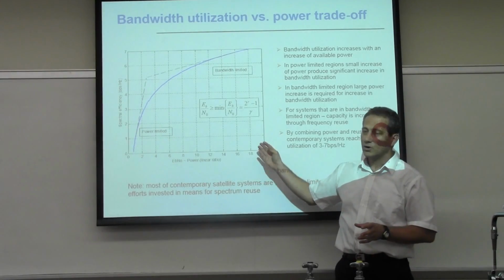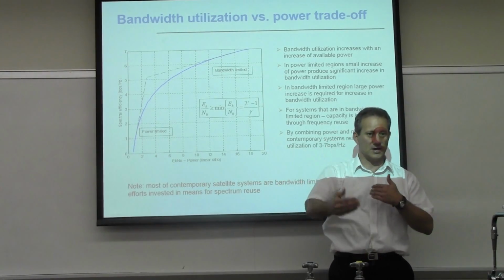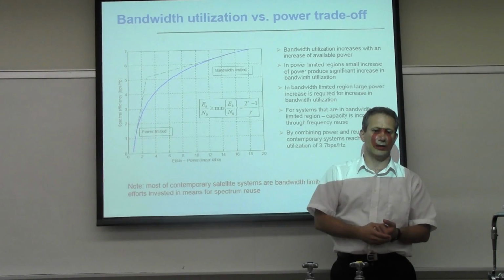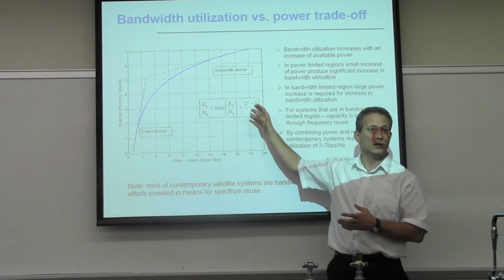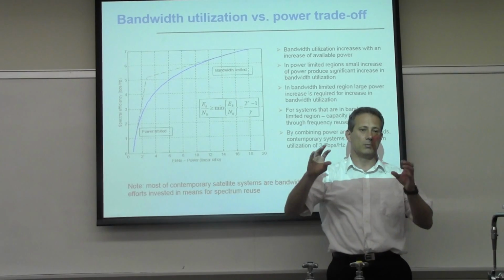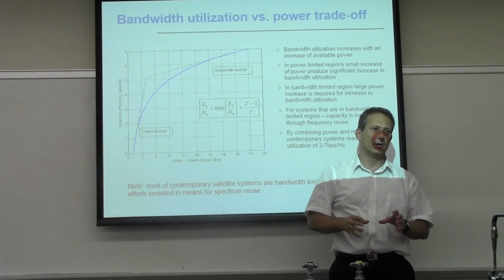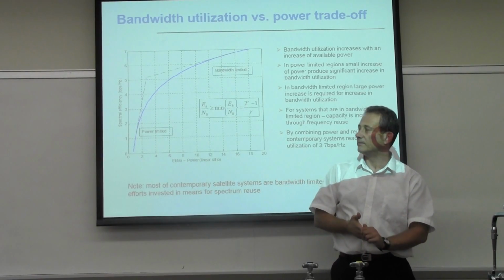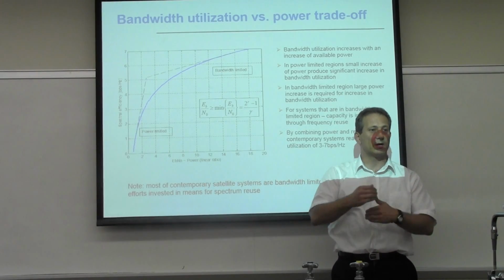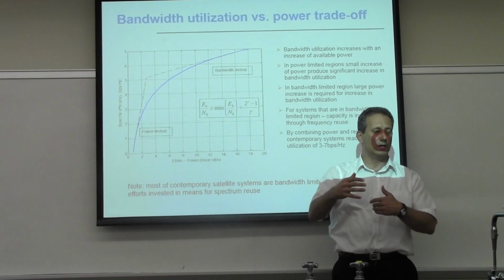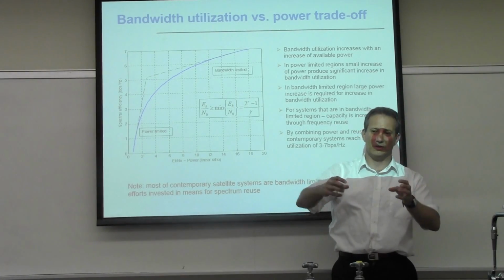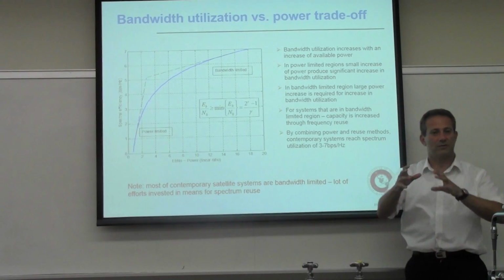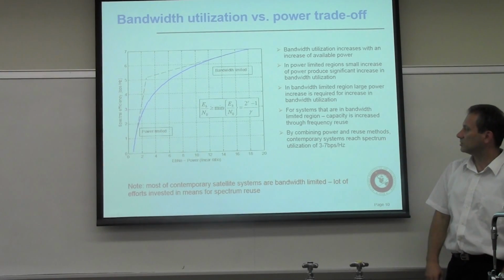The majority of the systems being designed today, and this is true for satellite as much as for all the other systems, are facing this issue, where pure power will not get you there. We're finding ever more ways to reuse the spectrum, to take the same piece of bandwidth and use it many times, right, without excessive interference between the users.